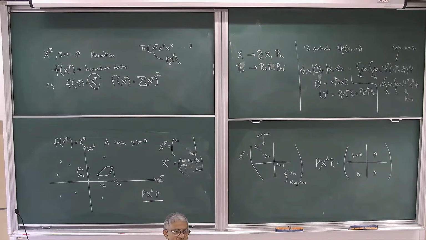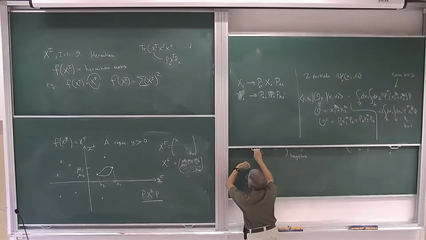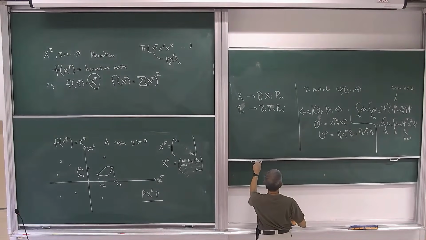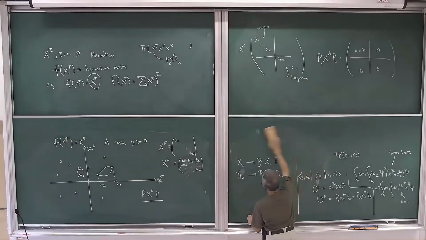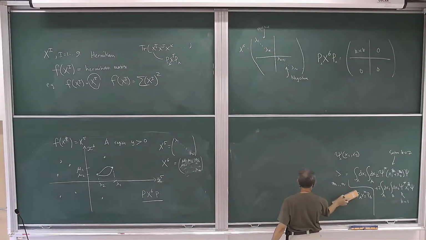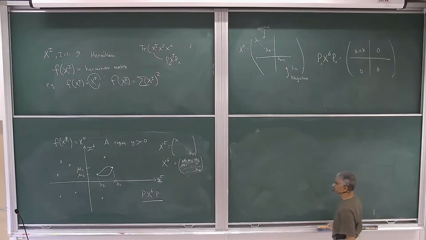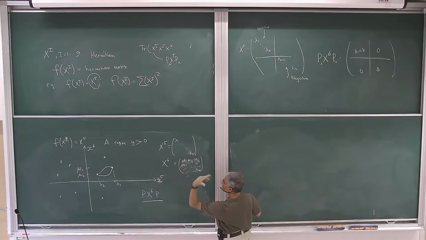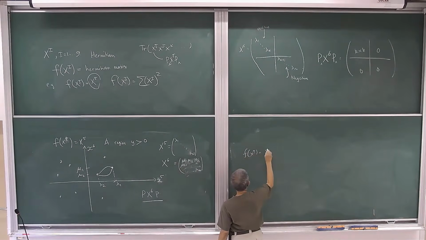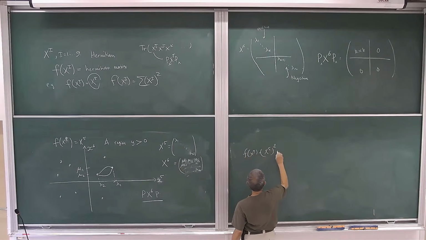Furthermore, this is not the only projector you can think of. This is the simple case where x5 is diagonal. So what does it mean to talk about f of x, I'm almost out of time, when, suppose the theory is just two matrices, x5 and x6, and I take f of xi to be x5 square plus x6 square.